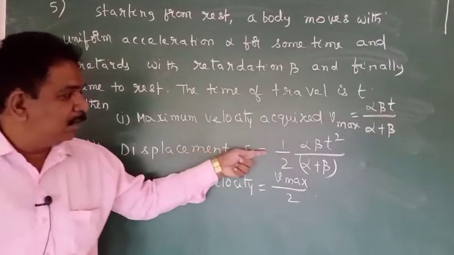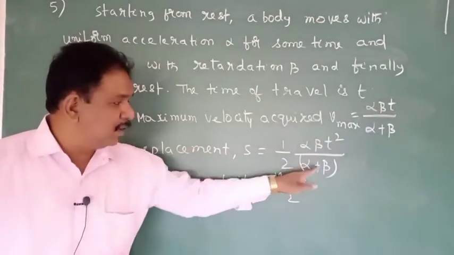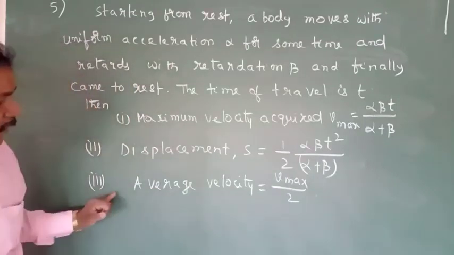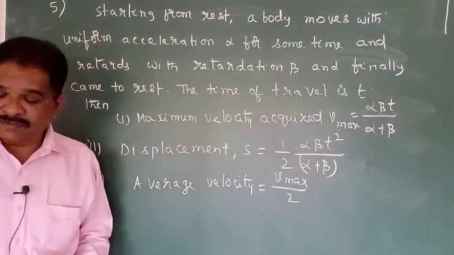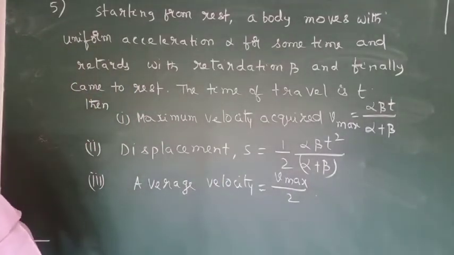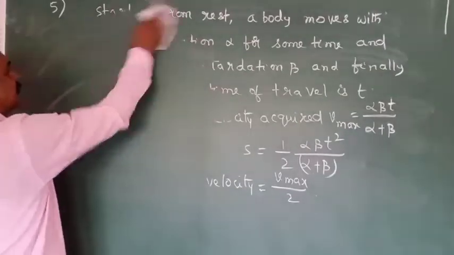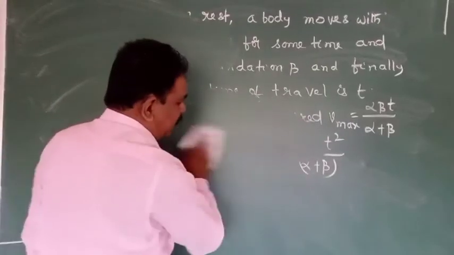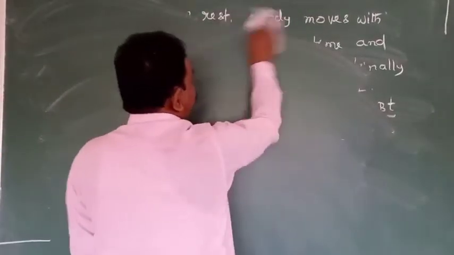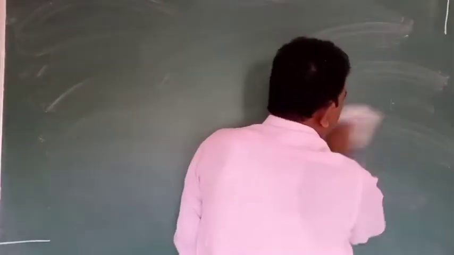Displacement will be 1 by 2 alpha beta t square by alpha plus beta. Average velocity is equal to V maximum by 2. How these came, we will discuss. At least you remember those shortcuts. Okay. Next.